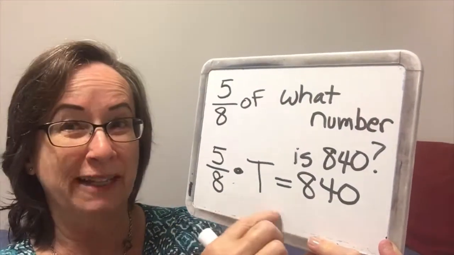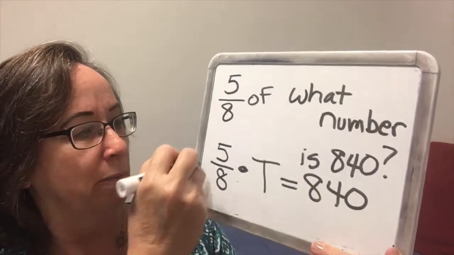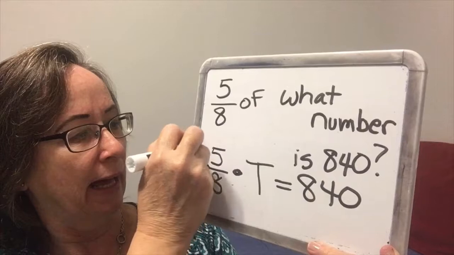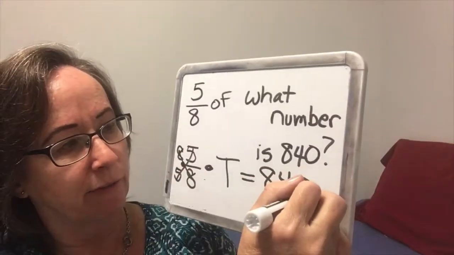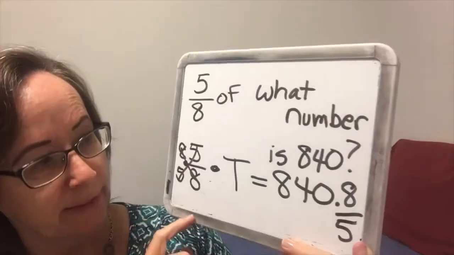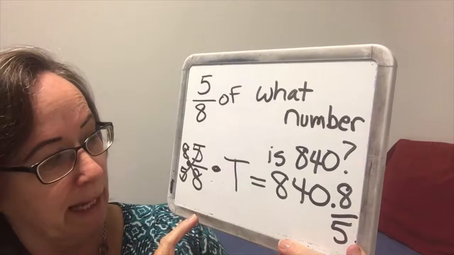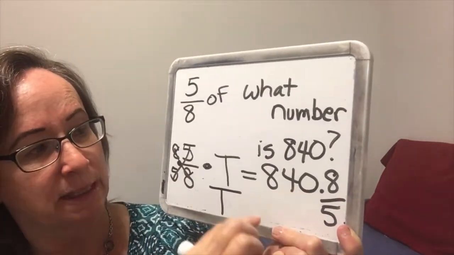So in order to find out what the total number of gnomes is, which is what we're trying to find, wouldn't we multiply by 8/5, which is the reciprocal here, and then, of course, we must multiply by 8/5 on the other side. Okay, so we get the total, and then we have to do this math.